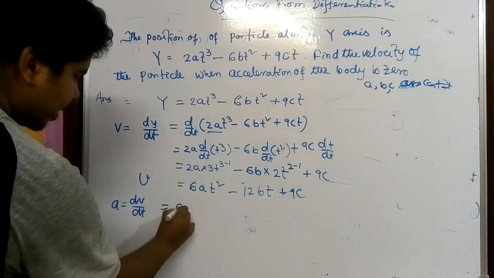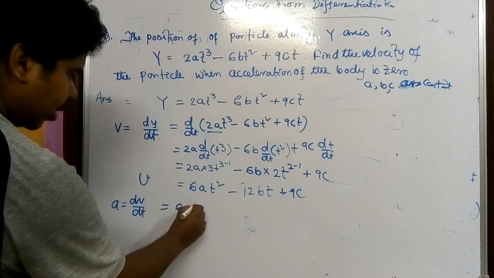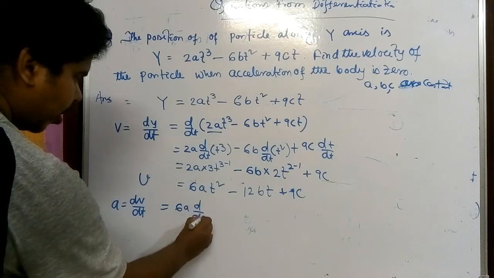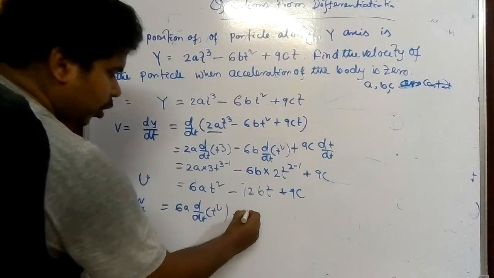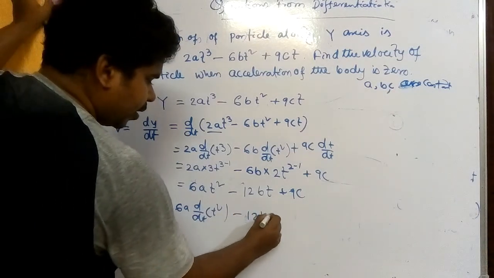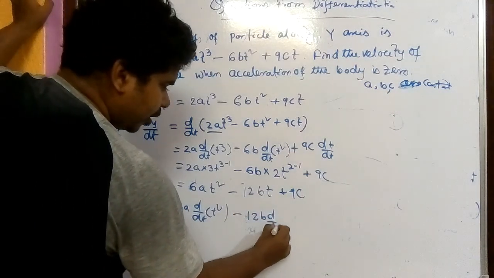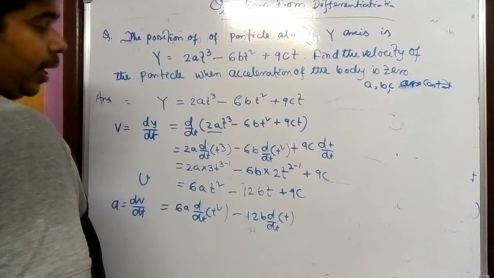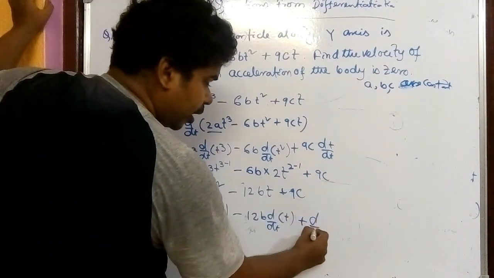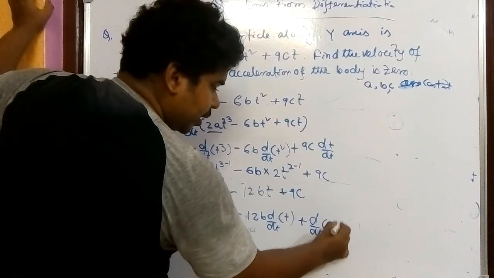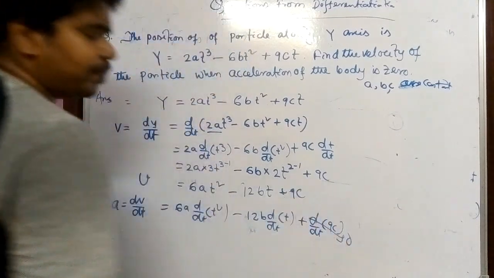So 6a, it is the constant, it will come outside, d by dt of t square, minus 12b d by dt of t, and 9c, see it's a constant. So if I do d by dt of 9c, it goes to 0.